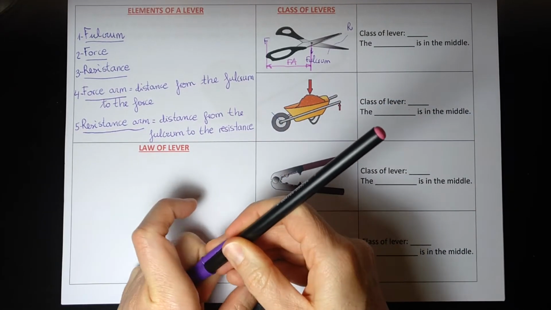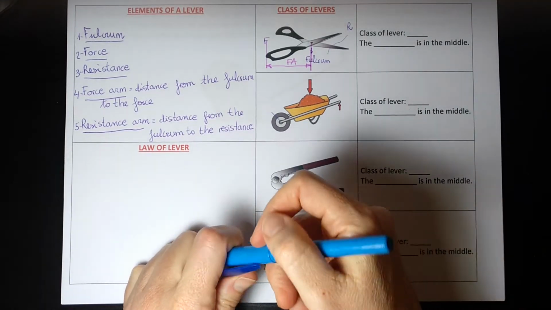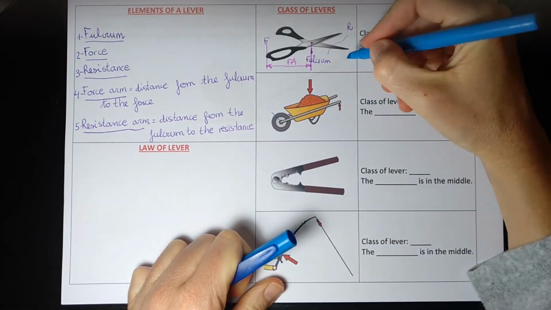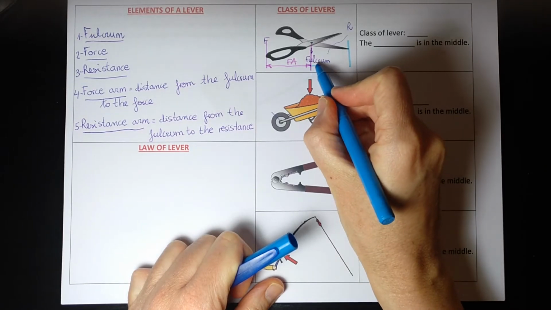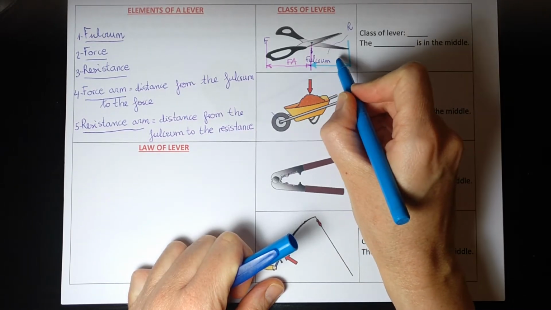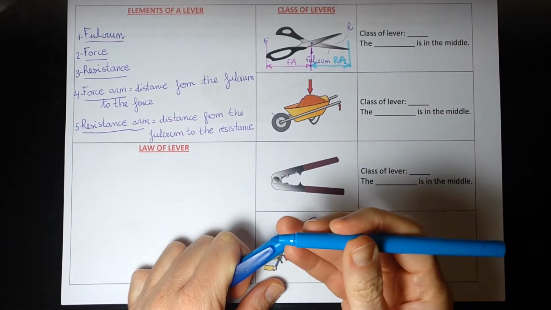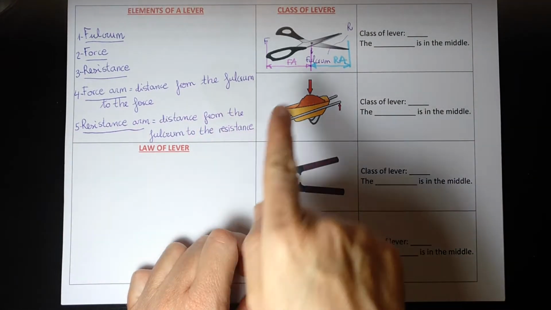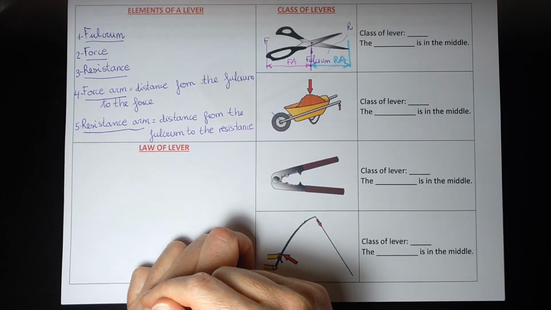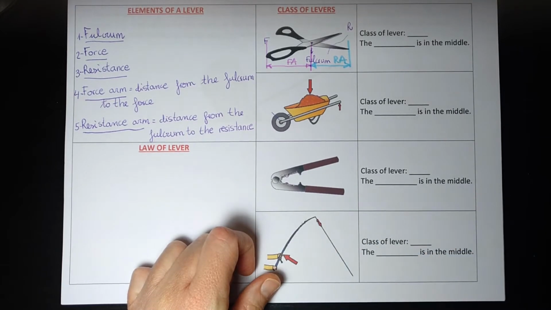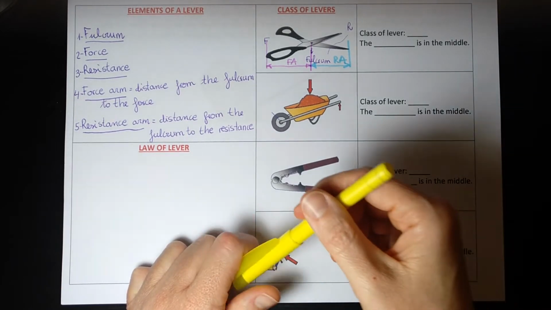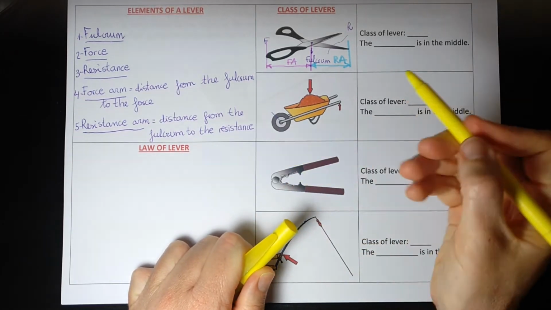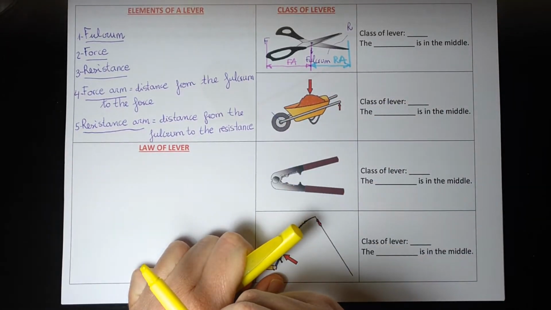The distance from the fulcrum to the resistance is the resistance arm. Okay, so we have identified all the elements in the first example. Now we need to decide what class of lever this is.